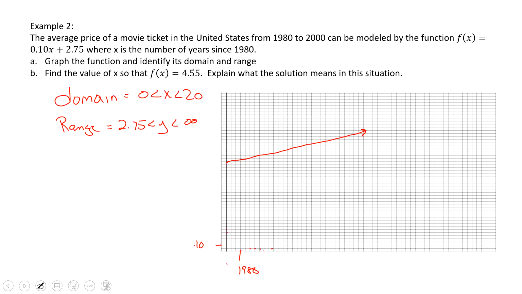So then they ask us to find the value of x so that f of x equals 4.55. Well, now we're just going to solve our equation. We're going to set up our equation as 4.55 equals 0.10x plus 2.75. Now we're just going to solve for x. We're going to subtract 2.75 from both sides.